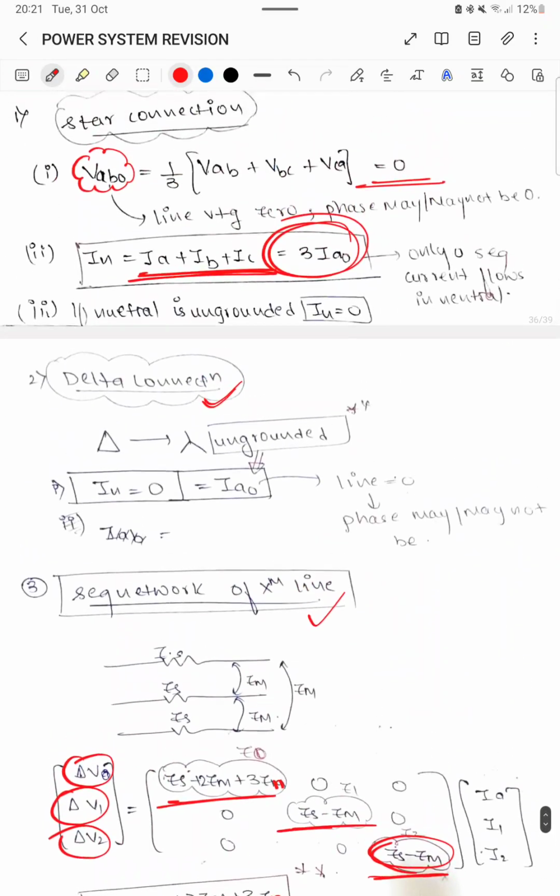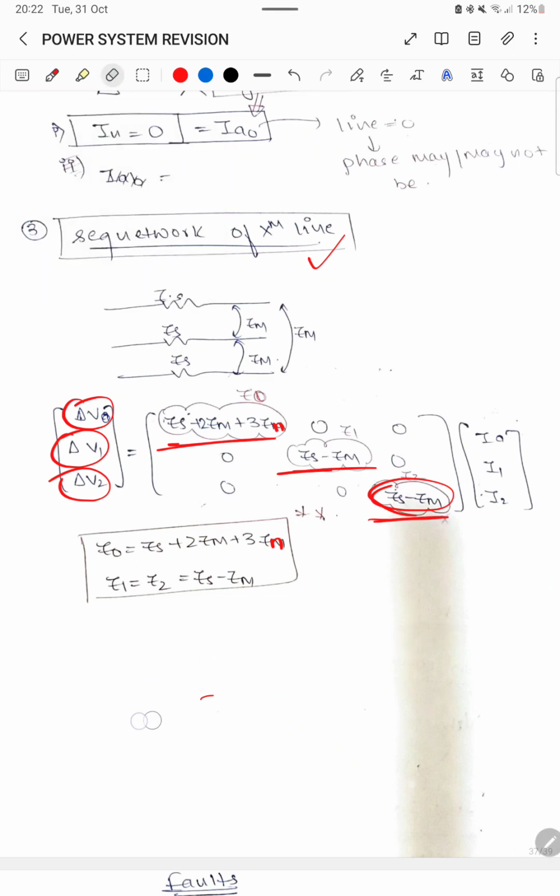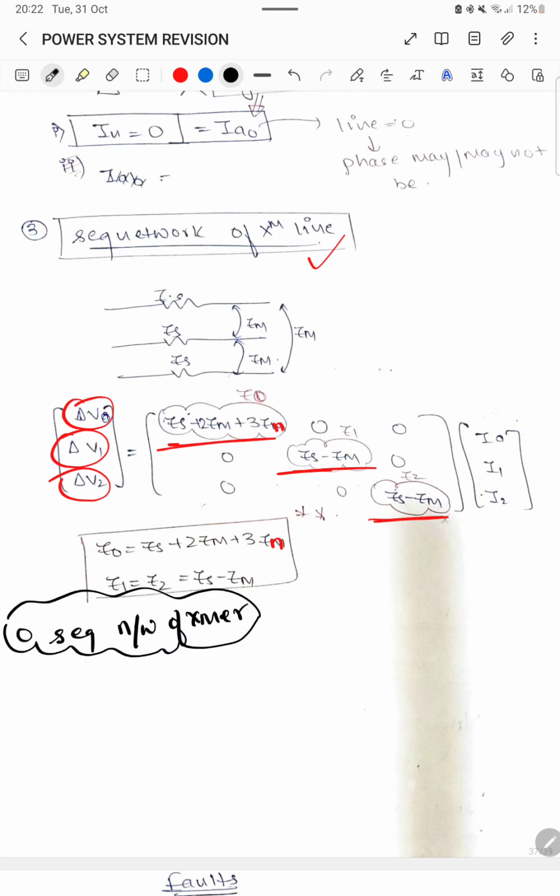Okay. There is also one more concept, as I told: the zero sequence network of a transformer.